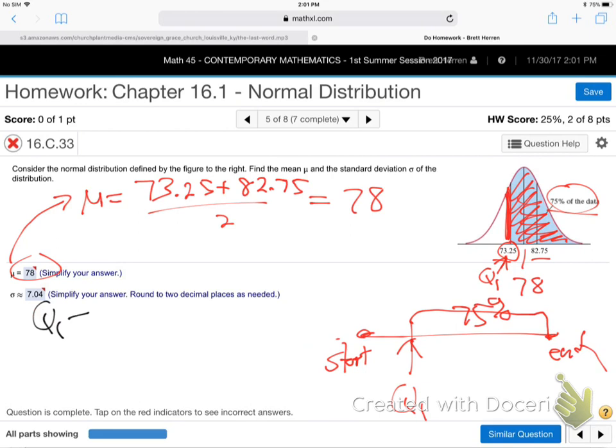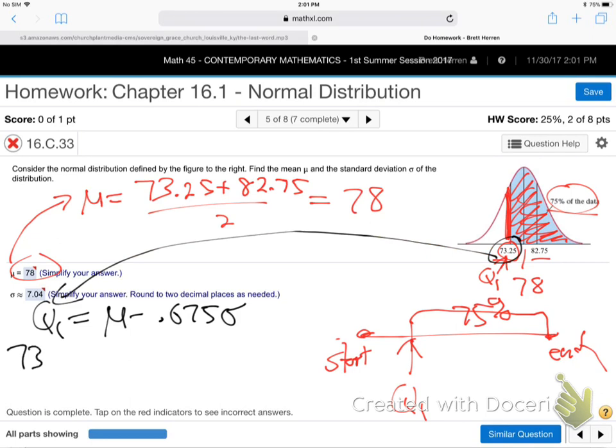You go, what's the Q1 formula? You have that in your 3x5 card. It's mu minus 0.675 sigma, so it's the minus one because it's left of the middle. And then they're telling me Q1, plug that in for Q1, is 73.25. Mu, I got mu right here, 78, that's halftime, minus 0.675 sigma.